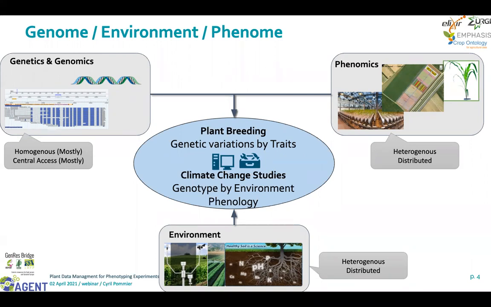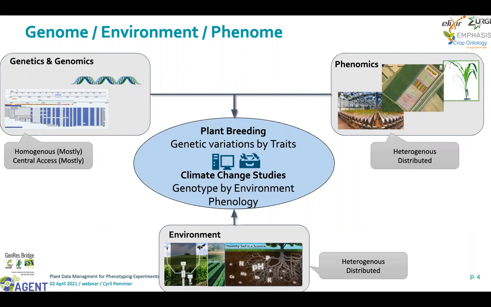For phenomics, it's highly different. It's highly distributed. It will remain highly distributed. It is highly heterogeneous. There are numerous ways of measuring the same thing at different scales, physical and temporal.